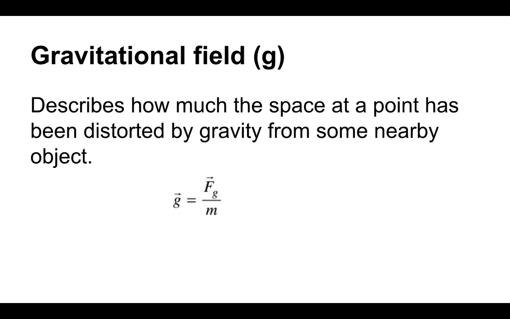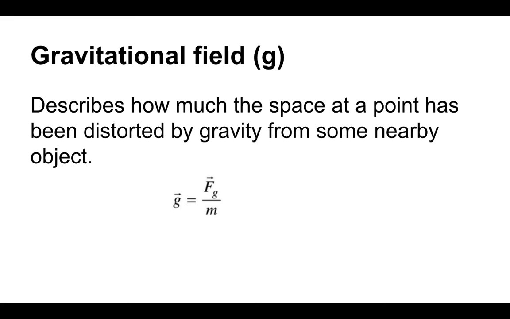If you put a bowling ball in the middle of the trampoline, suddenly a marble put on the outside is going to roll toward wherever that bowling ball was. Or if we get it moving to begin with, it's going to curve. It doesn't travel on a straight path. It curves around that bowling ball. So that idea that the trampoline is a different shape now, and that affects the motion of other objects nearby, that's the analogy we make for a gravitational field.